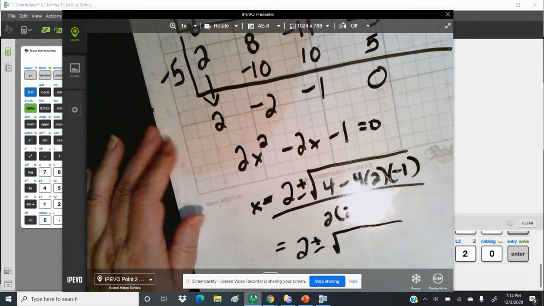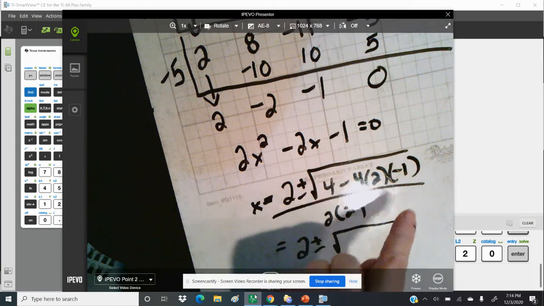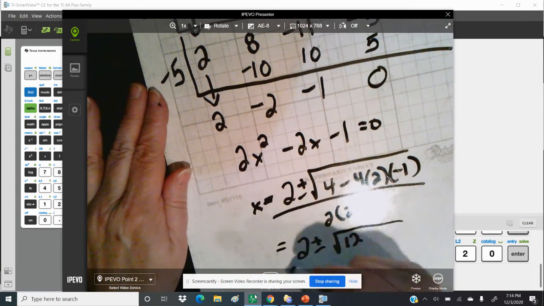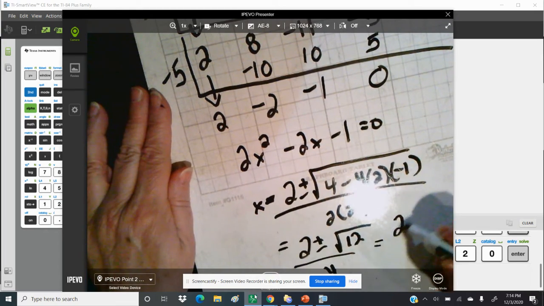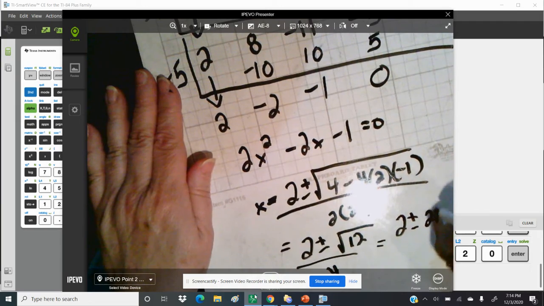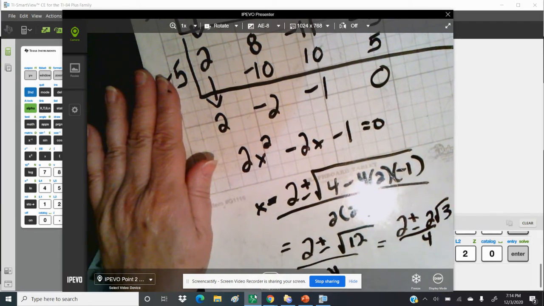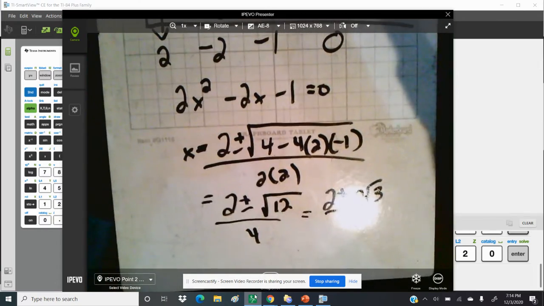And if we simplify this, I don't want to run out of room. This will be the square root. A negative times a negative is a positive, so there'll be 4 plus 8, so that'll be 12, all over 4. And that'll be 2 plus or minus, if I simplify the square root of 12, that'll be 2 times the square root of 3, all over 4. If I can simplify all 3 numbers, I should do that.